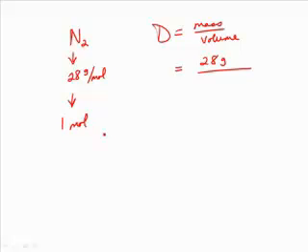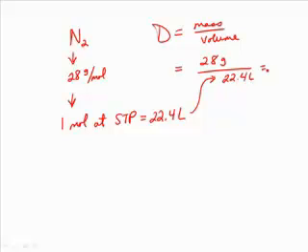And remember that 1 mole at STP is 22.4 liters. That's the volume. I'm going to plug in up here, and that would give me a density of 1.25 grams per liter, which is answer D.